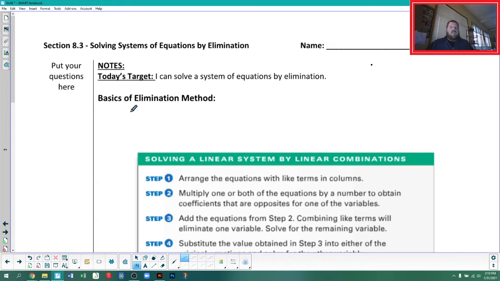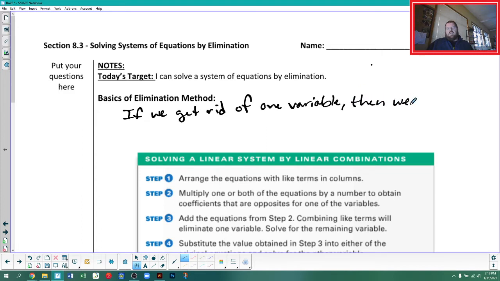Now, when we're looking at elimination, the main idea is that if we can get rid of one variable, then we can solve for the other variable.